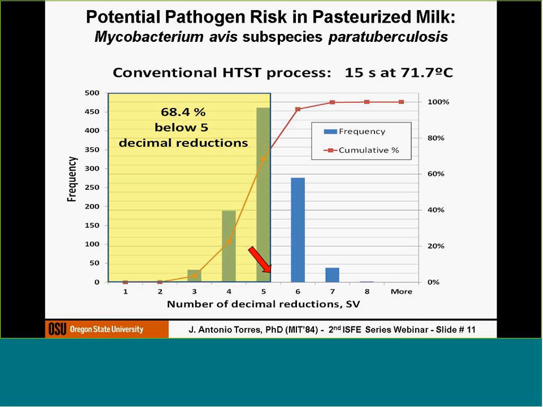And that would represent 68.4% of all cases calculated. So we calculated 1,000 cases, and 68.4% were below 5 decimal reductions. In other words, there's a 2/3 probability that we're not meeting our goal of 5 decimal reductions.